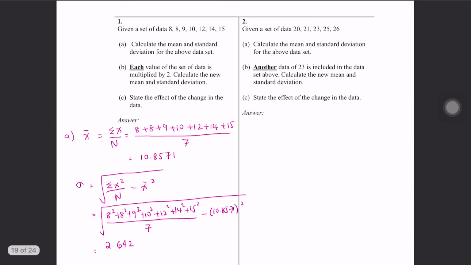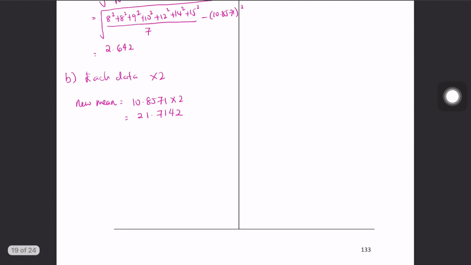It means each of these values you multiply by 2.